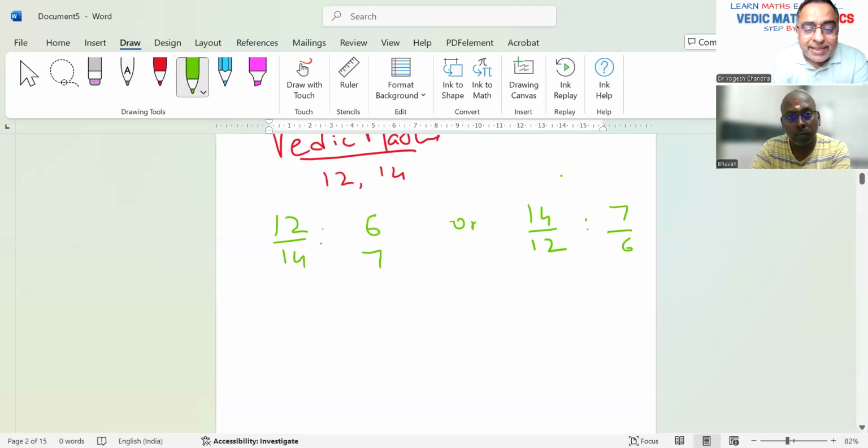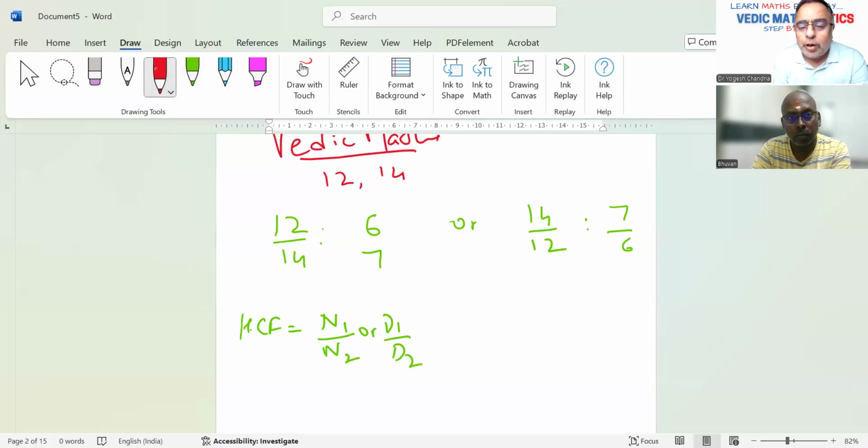Now, HCF is N1 by N2 or D1 by D2. So in this case, 12 by 6 or 14 by 7 is equal to 2. Clear?